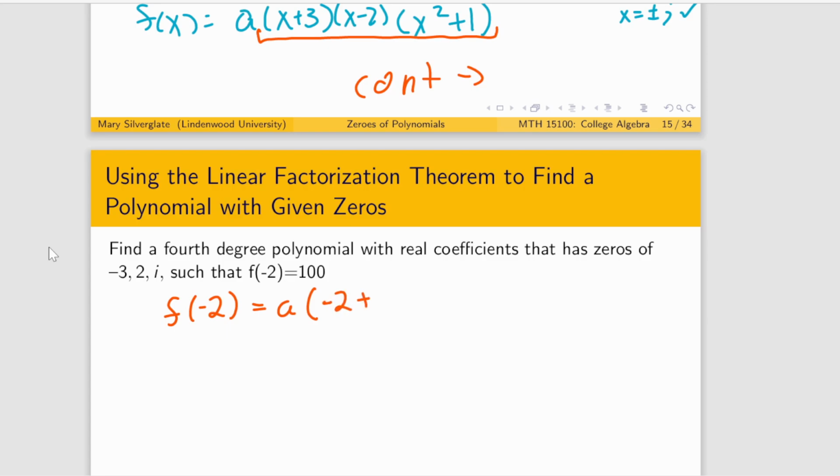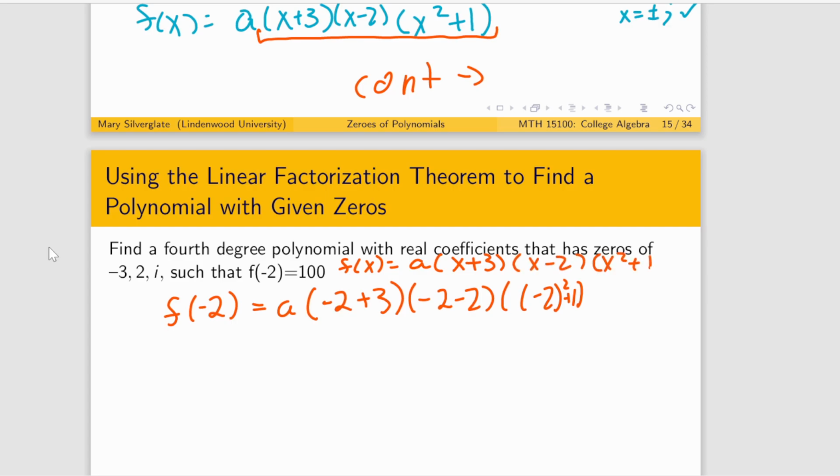So we have negative 2 plus 3, negative 2 minus 2, negative 2 all squared, plus 1. And that was, again, because we had narrowed down that our function must look like some unknown multiplication factor, a, times x plus 3, x minus 2, x squared plus 1, my 3 factors.